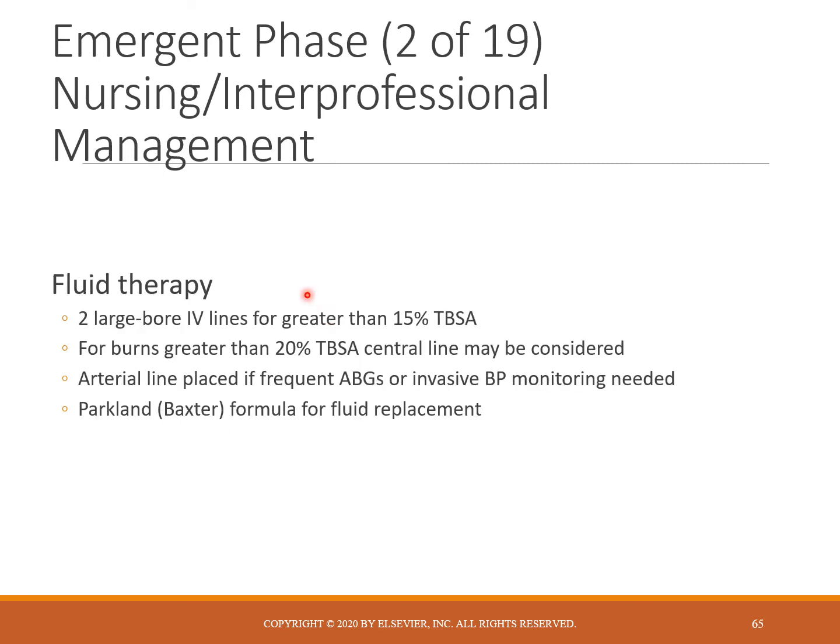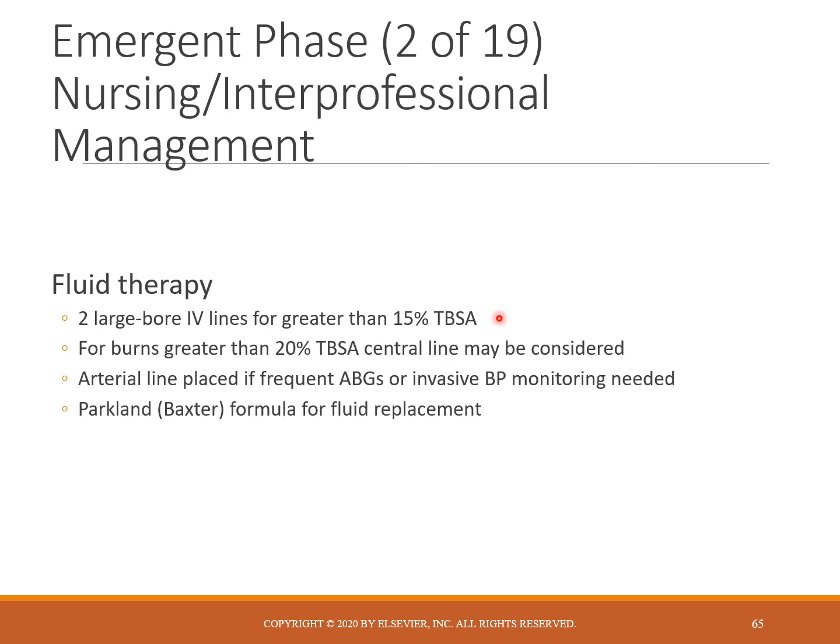They need fluids. And to give fluids, because you will need a lot of fluids, your patient will need large bore IV. Okay, especially if their TBSA is greater than 15%. Okay, and remember that the 18% is the chest, if you remember in the rule of nines chart, right?